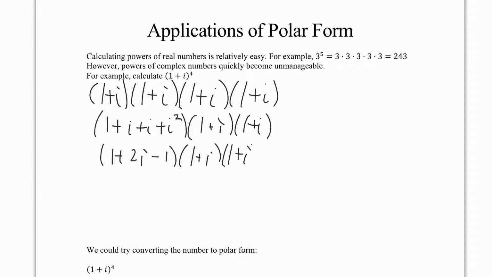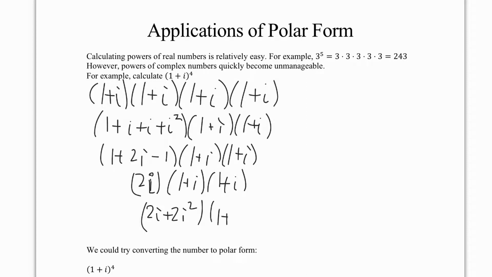And then 1 plus i, 1 plus i. So this will give us 2i. And then 1 plus i, 1 plus i. So if we multiply that in, 2i plus 2i squared, so I guess that'll be 2i minus 2 if we use i squared.